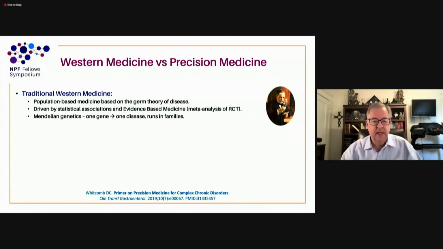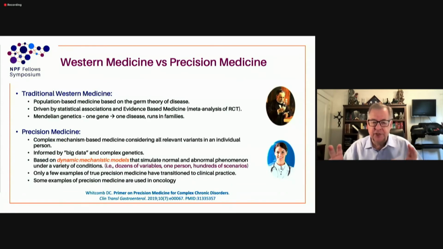Instead, we need to switch to precision medicine, which looks at complex mechanism-based medicine, considering all the relevant variants in an individual person. It's informed by big data and complex genetics, but you can't understand it by just looking at buckets. You have to develop dynamic mechanistic models that simulate normal and abnormal phenomenon under a variety of conditions.